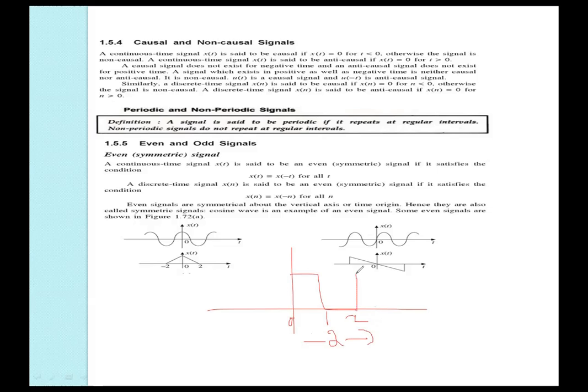Again it is repeated the same with 3 and 4 with the period of 2. On the left-hand side also it is repeated with the period of 2, at -2 and -1. Don't think of that as a minus value, the period is 2 only. This we can call a periodic signal.